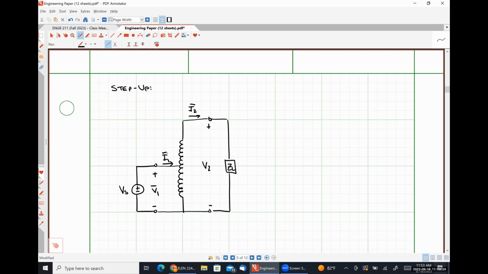And if we were going to derive things, which we're not going to do, we could look at this as if it were a pair of coupled coils again.